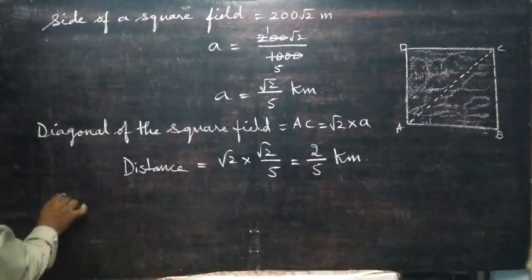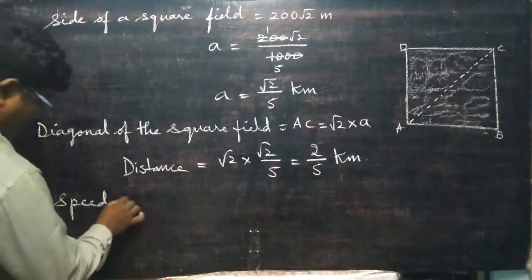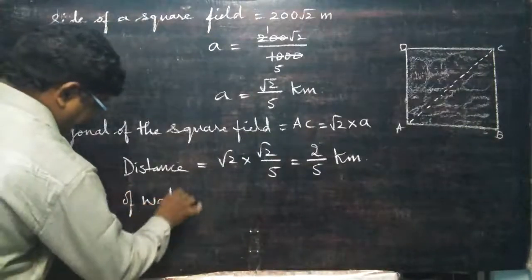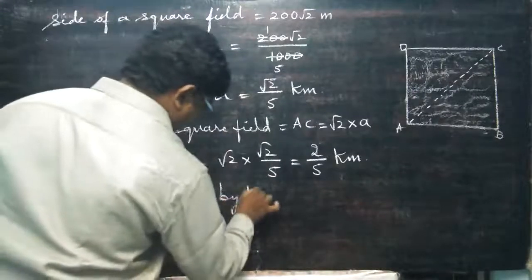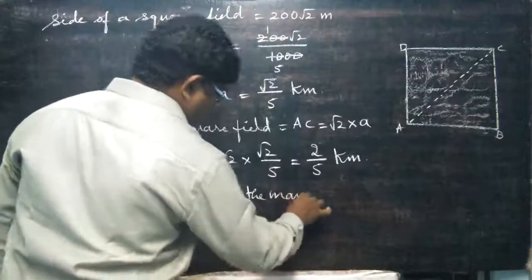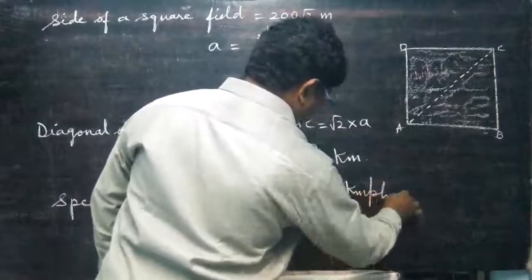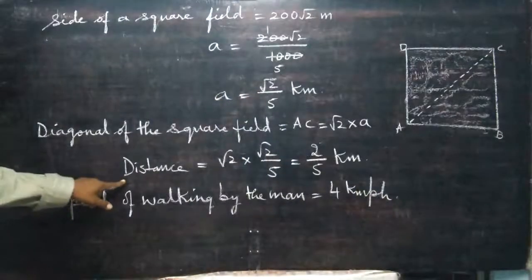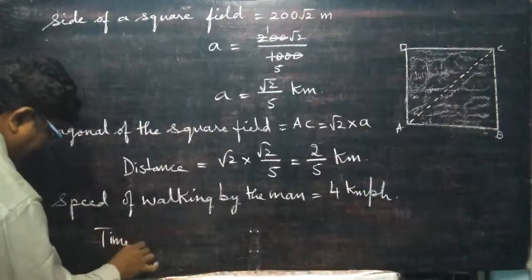Now they have given the speed of walking by the man. How much did they give? 4 kilometers per hour. Now distance is here, speed is there, and we have to find time.